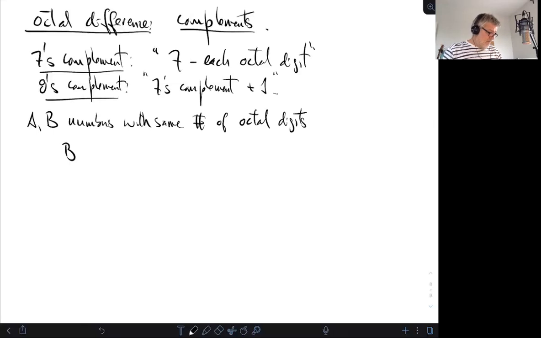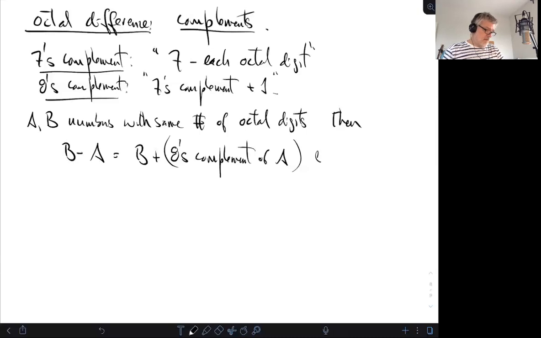Then B minus A will be B plus the 8's complement of A, and remove the leading 1. You always get a 1 in front. Same in any base, okay?